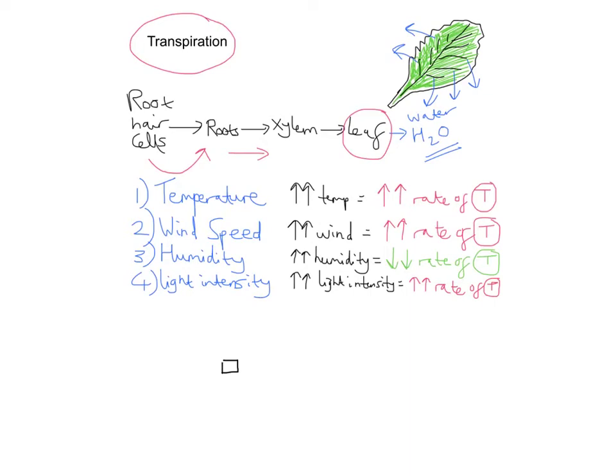So you'll have to forgive me, it's not the best sketch by any means, but what I'm just drawing here is some sample of plants. I'll just colour them in green.